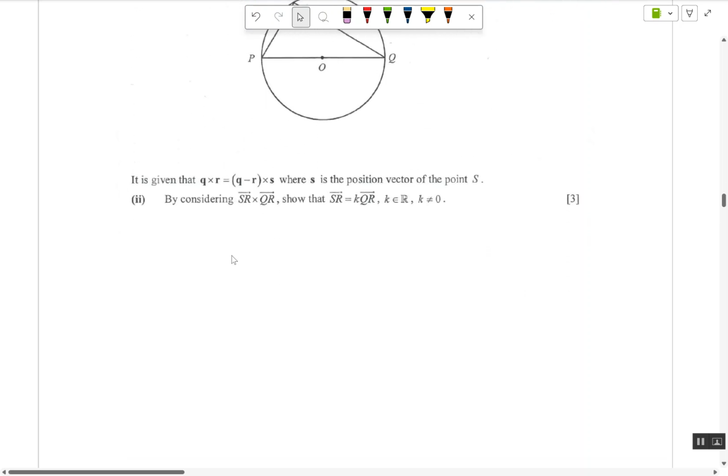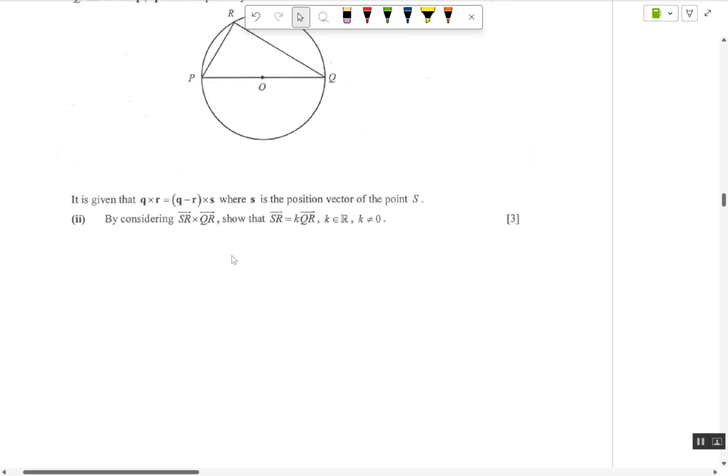But when it comes to this part, the cross one, I want you to write down 2 things. Look here. If A cross B equals 0, it means 2 things. Number 1, either A equals a 0 vector or B equals a 0 vector. That means one of them must be a 0 vector. Or A is parallel to B. Why?